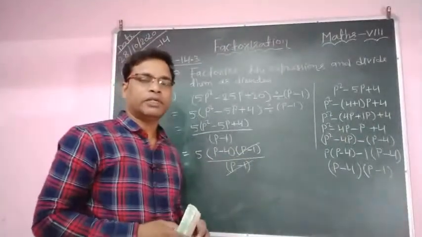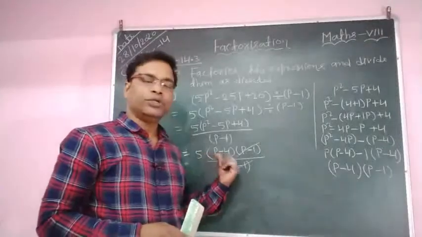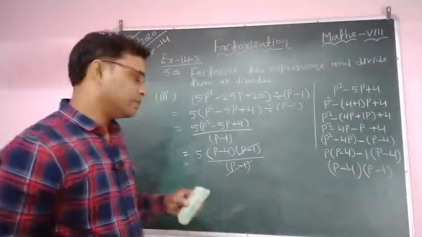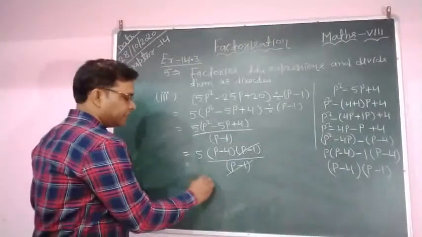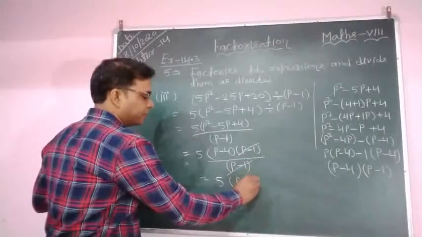Then we obtain 5 into p minus 4. So simply you can write it, we obtain the quotient 5 into p minus 4.